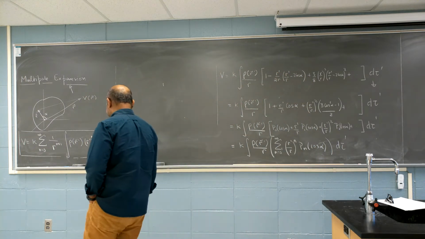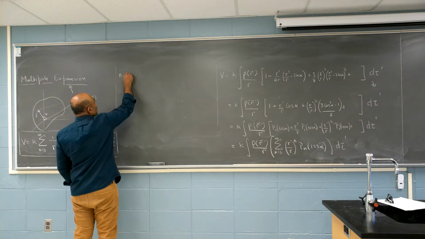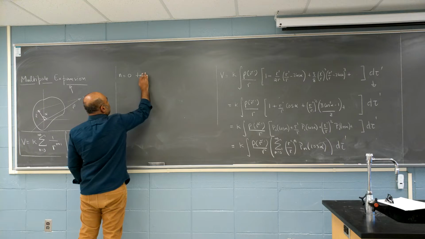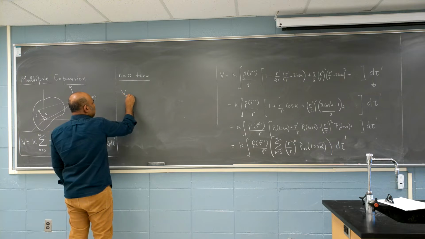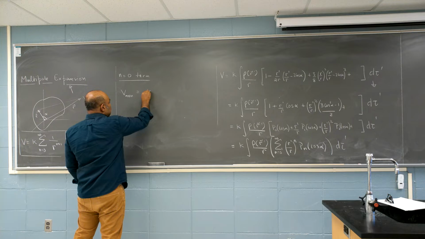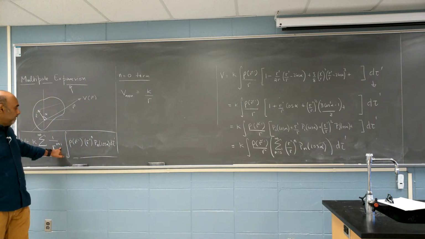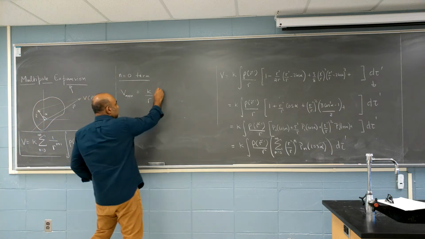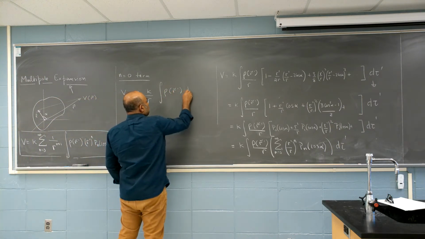So let's look at the n equals 0 term. This is called the monopole. So that's equal to k over r, because n is 0, times the integral of rho of r prime.